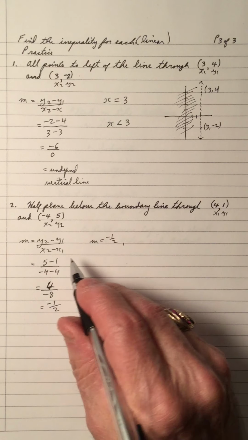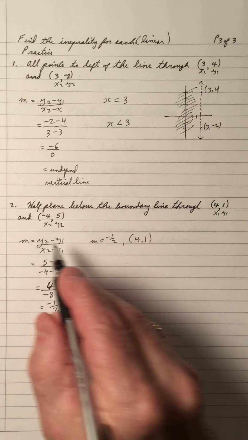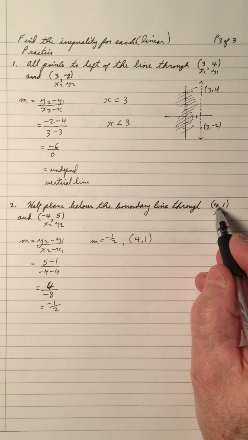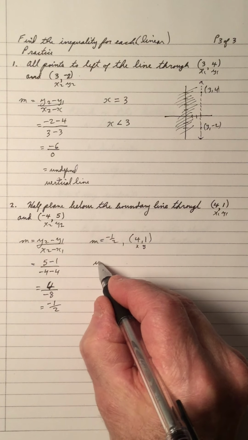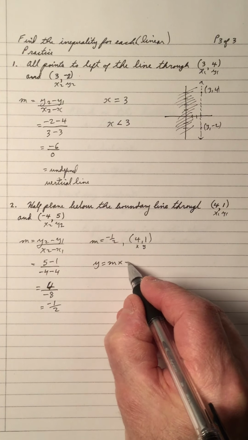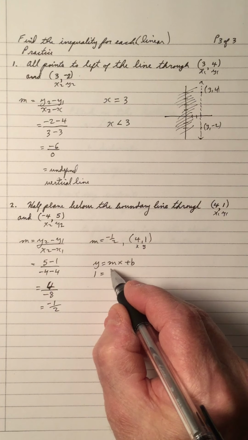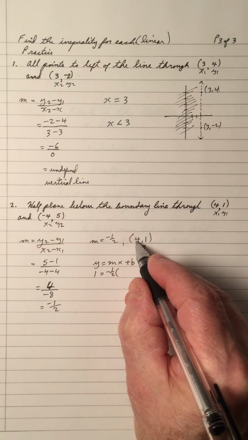Now pick a point. Let's pick the point 4, 1. It doesn't make any difference which point I pick. If I pick this one or this one, I just selected this one. So that's the x and the y, and that's the slope. So y equals mx plus b. We need the boundary line. So y is 1, the slope is negative a half, and x is 4.